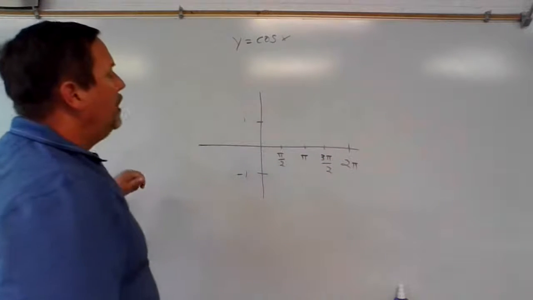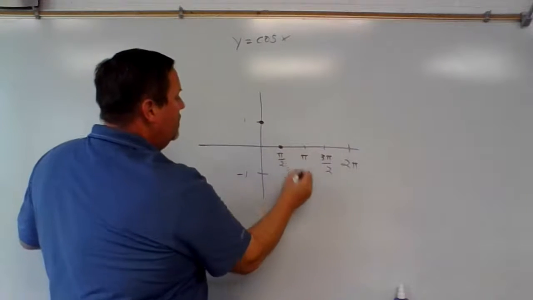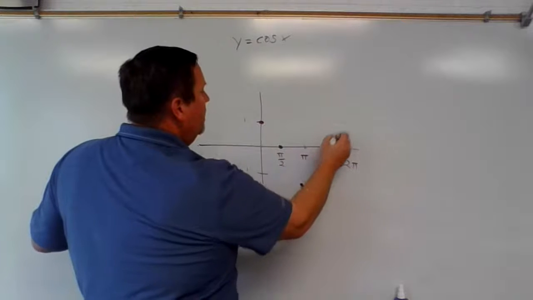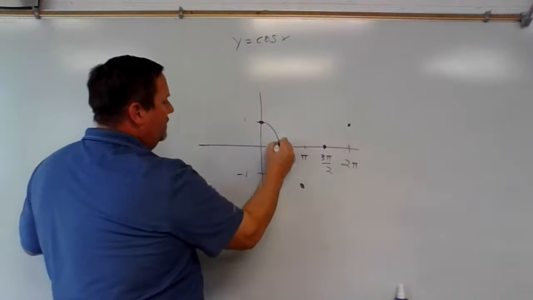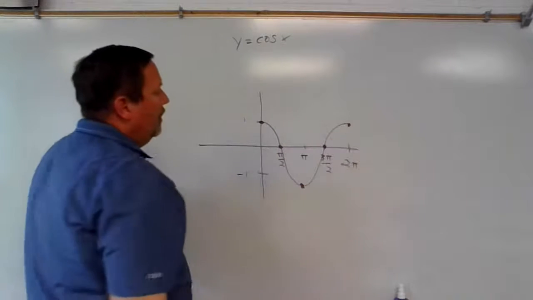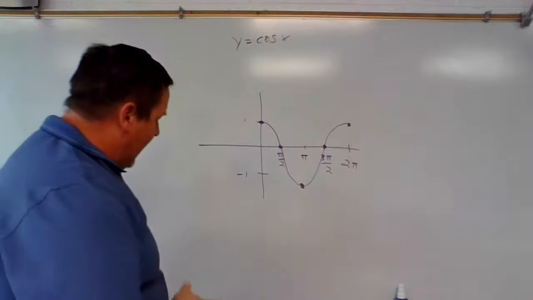And hopefully remember, cosine starts at the maximum, then the 0, then the minimum, then the 0, and then back to the maximum. And the cosine looks like that.